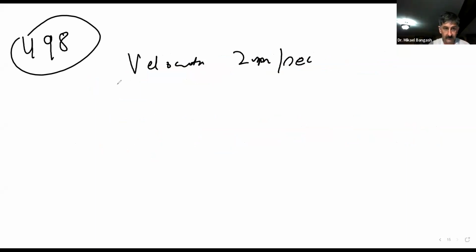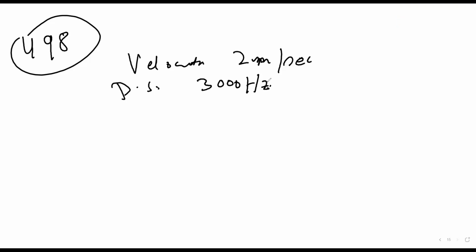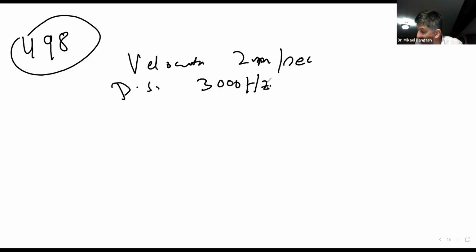So the Doppler shift that we get is 3000 hertz. Clear? What would be the Doppler shift if the velocity increases to 4 meters per second?